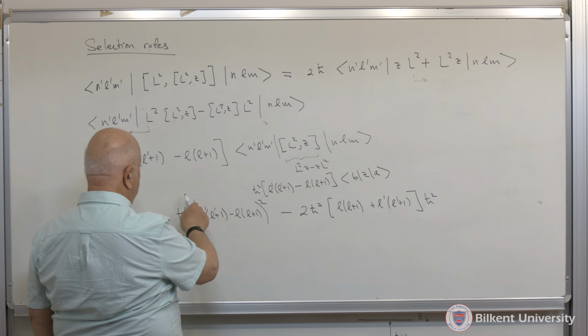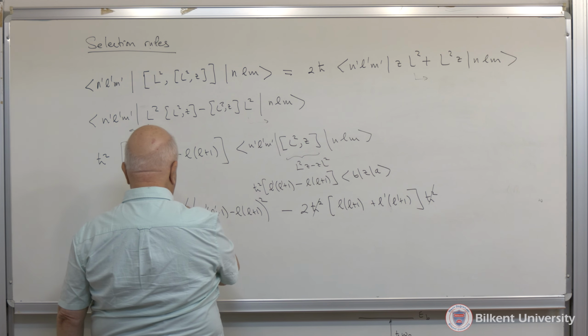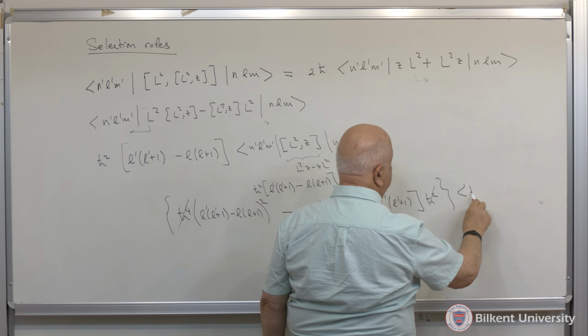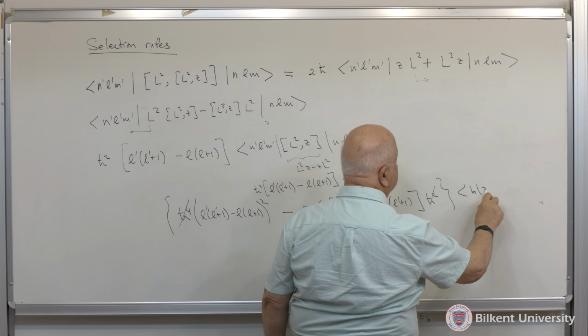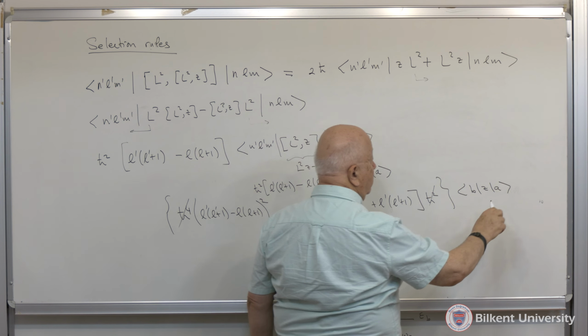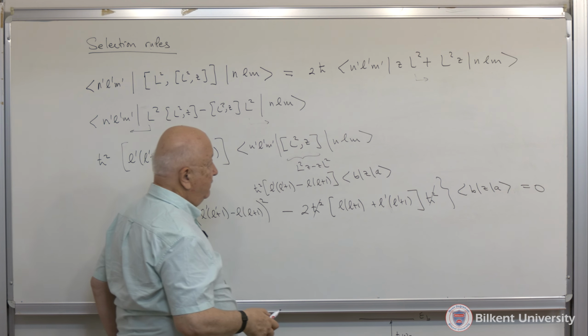So all of the h bars cancel. And this is still being multiplied by n' l' m' Z n l m, is equal to 0. So I moved everything to the left-hand side.